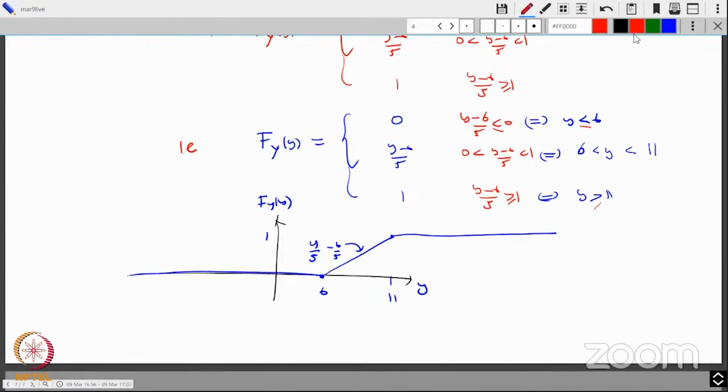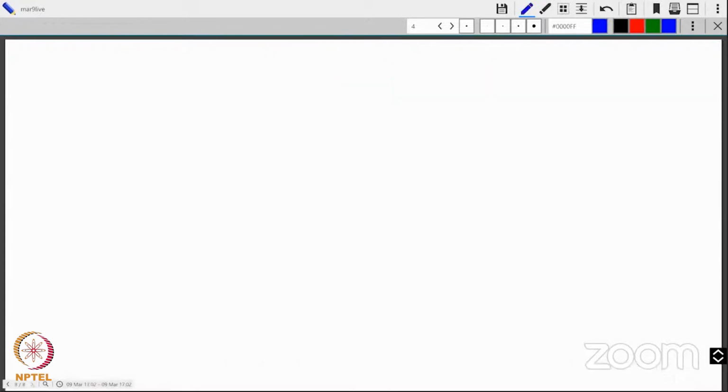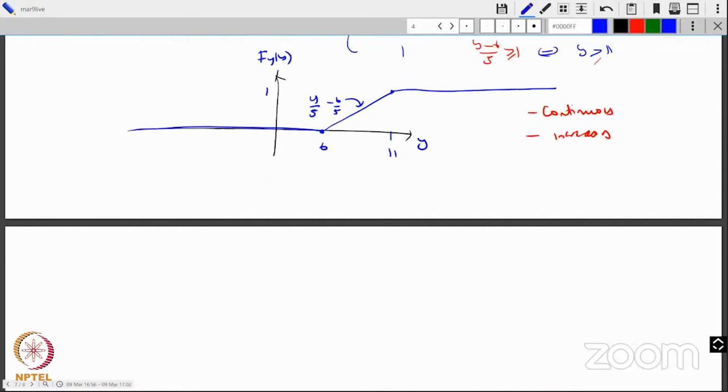Now, once you observe this, you observe that it's continuous and it's increasing. And it's differentiable at almost all points except at 6 and 11. So therefore, we know that this is a distribution function of a continuous random variable.